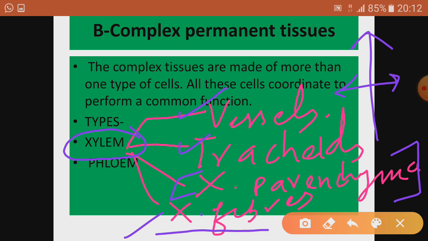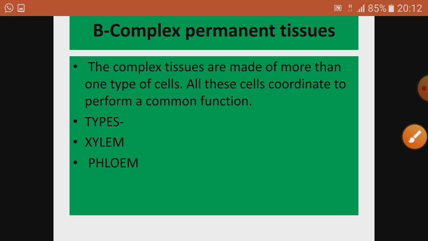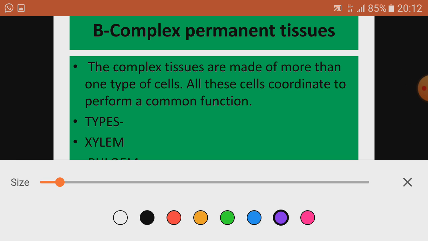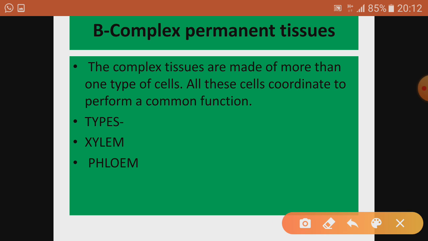Okay, now come to phloem. If you see, phloem is further made up of four different types of cells, because we are dealing with a complex permanent tissue, and complex means all cells of that particular tissue are different. So first will be sieve tubes.